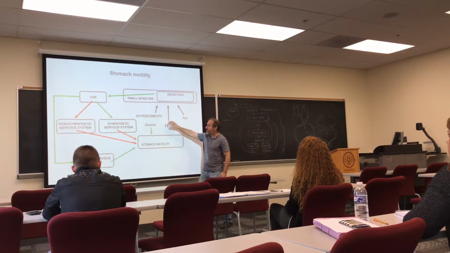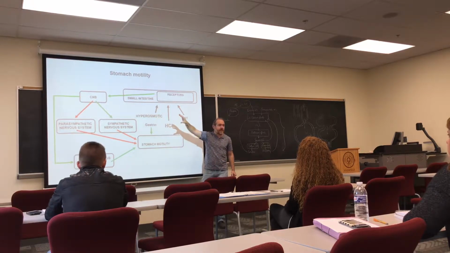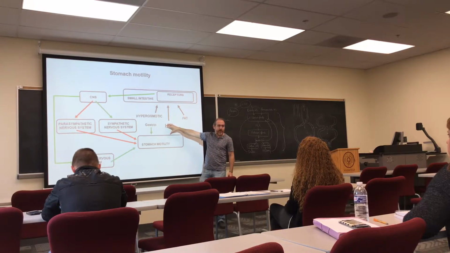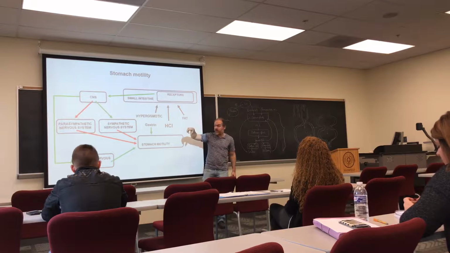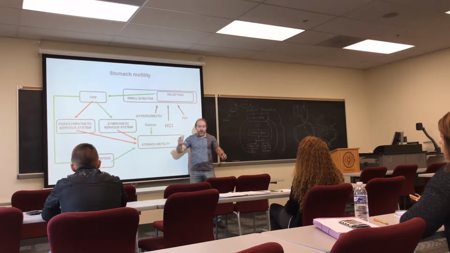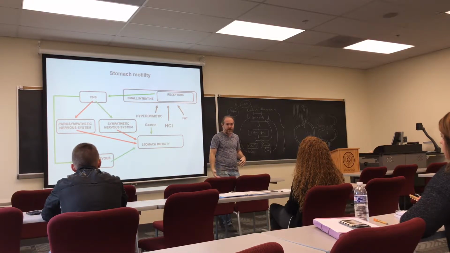Hey, the osmoreceptors are telling me that the concentration of particles is larger than 0. The acid receptors are telling me that the concentration of hydrochloric acid is higher than 0. The concentration of fat is higher than 0. What do you deduce from these 3 separate pieces of information? Well, that will only happen if there is food in the small intestine, right?